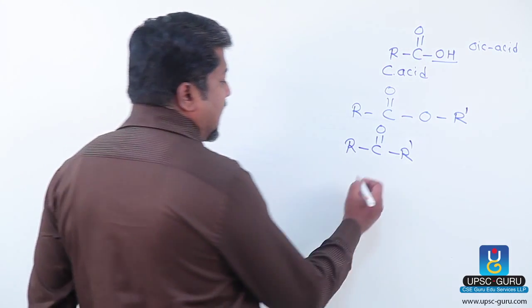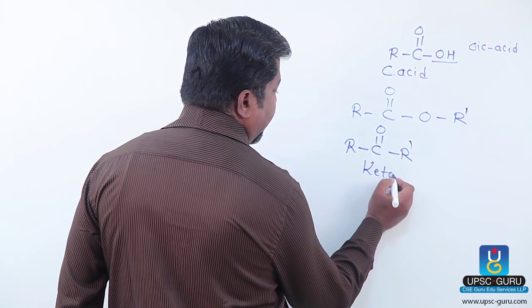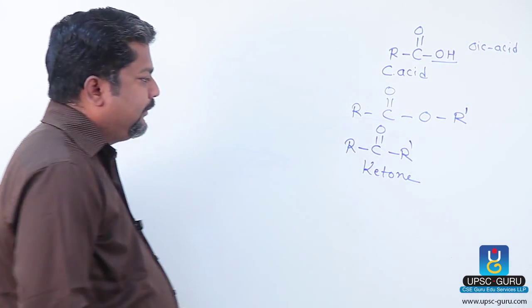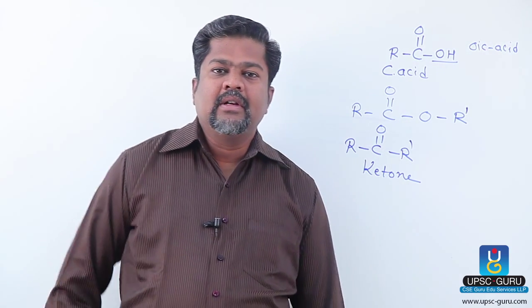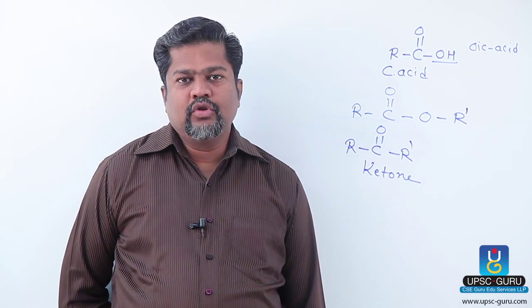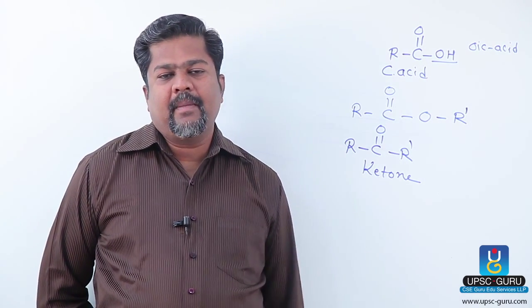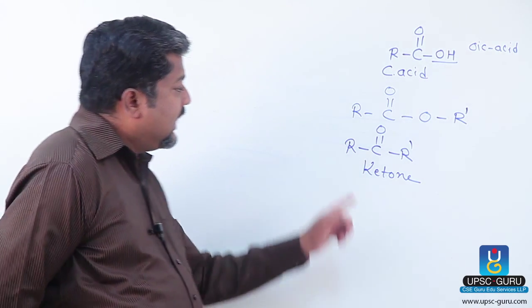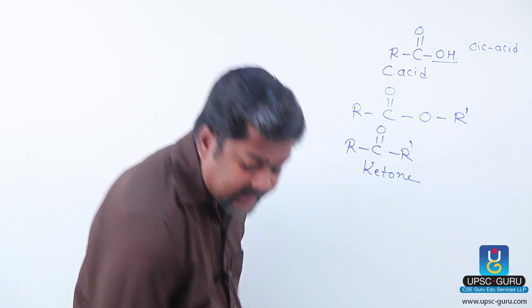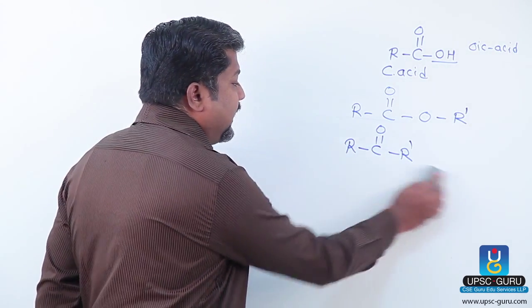Then this type we are calling a ketone. The favorite ketone you are aware of is acetone, usually in nail paint remover, which is made up of acetone. So like that, organic compounds are there. We are now discussing this ketone.